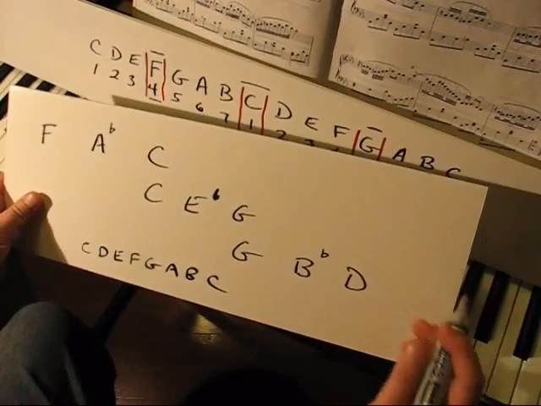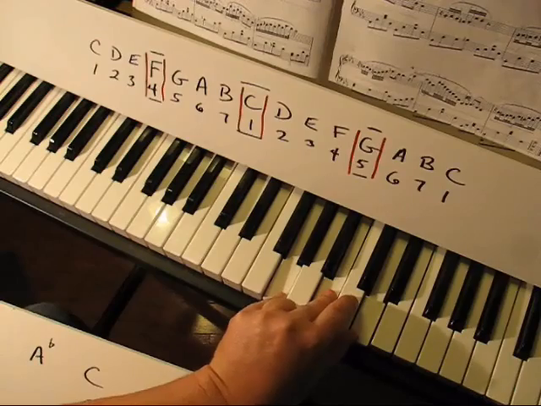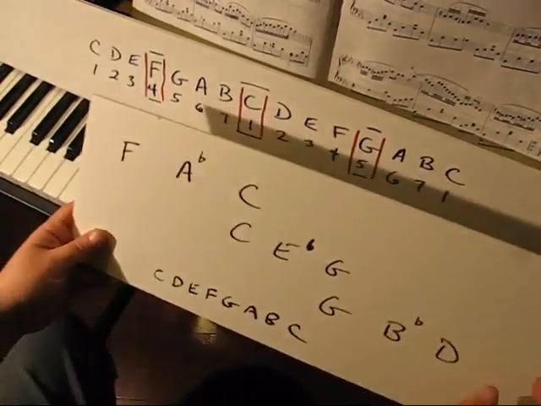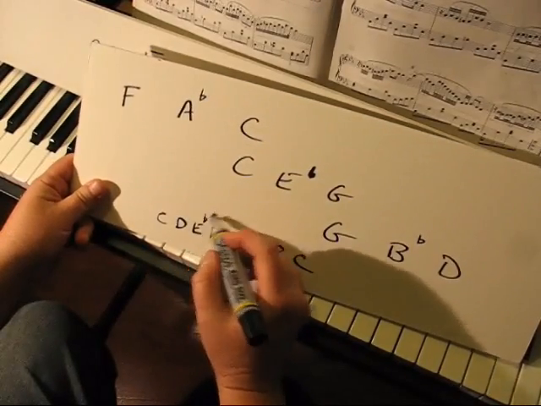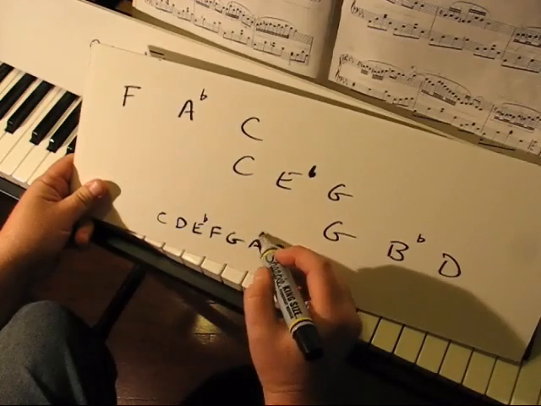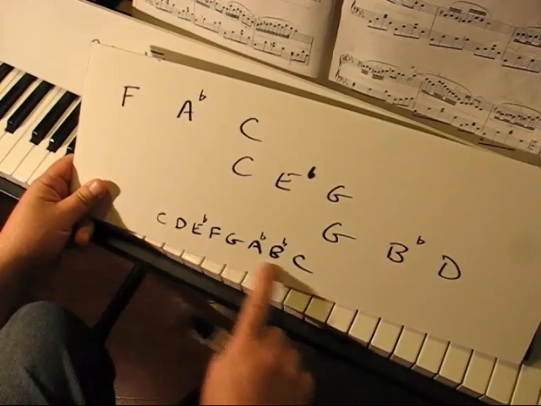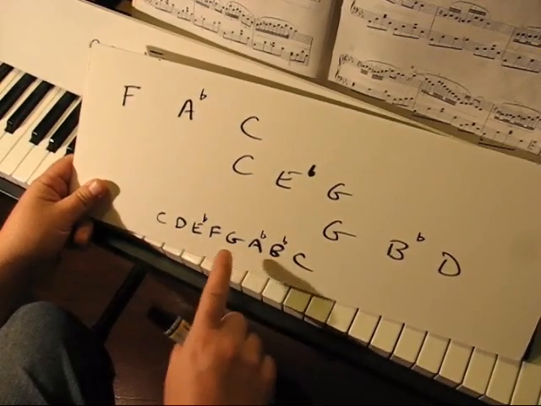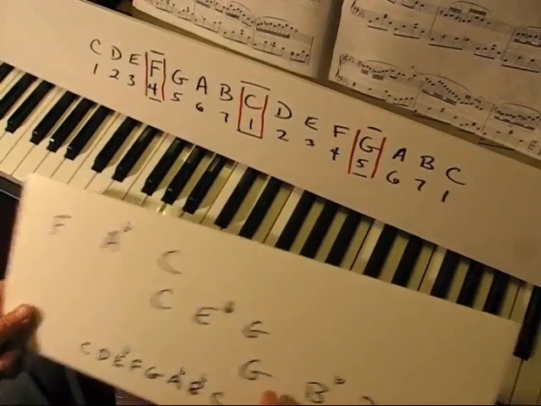And for our fifth chord, instead of G with B as the major third, we've got the minor third, B flat. So our minor scale is C, D, E flat, F, G, A flat, B flat, and C. So the C minor scale has 3 flats. The C major scale has no flats and no sharps.